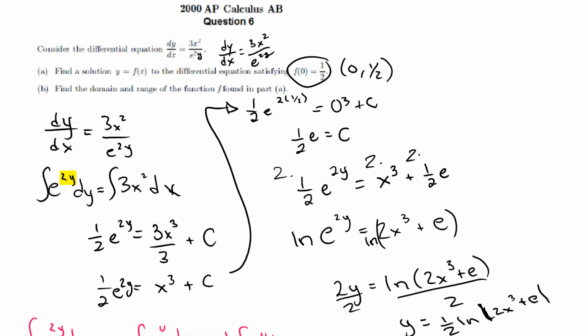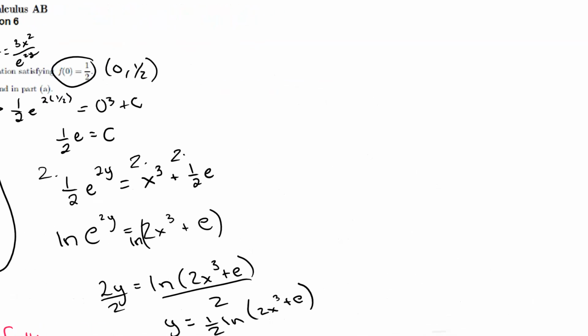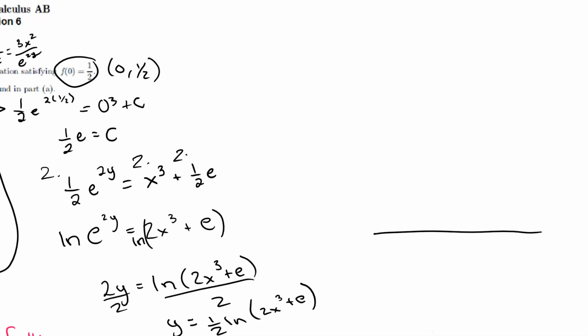Now we need to find the domain of this function for the second part. So domain and range. Let's just think about the parent function, natural log. Natural log x looks something like this, our parent function.